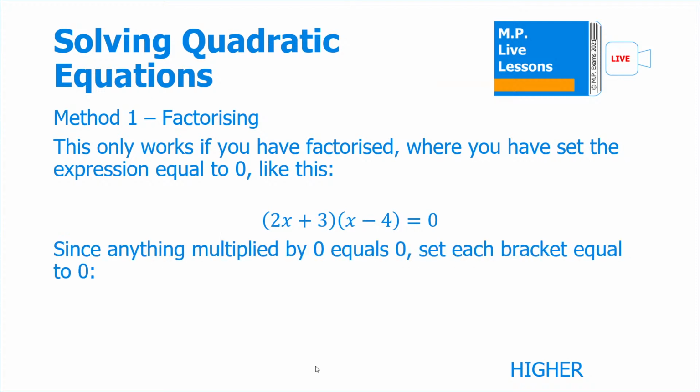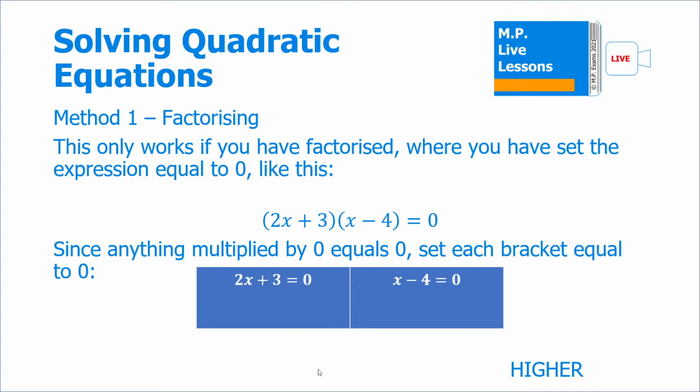Since anything multiplied by 0 equals 0, we have to set each bracket equal to 0. And then we solve each bit. So we get two numbers, x is equal to 4 and x is equal to negative 3 over 2.